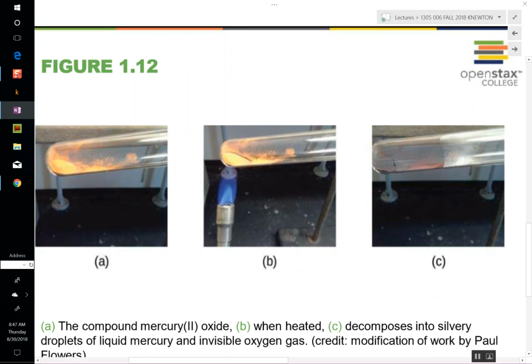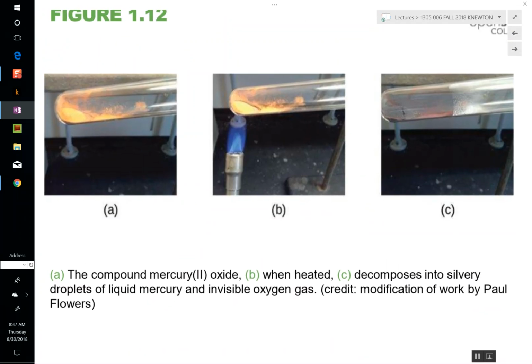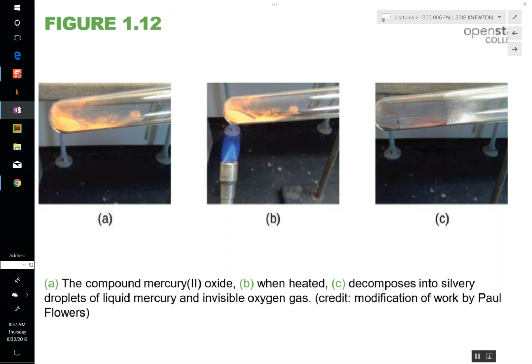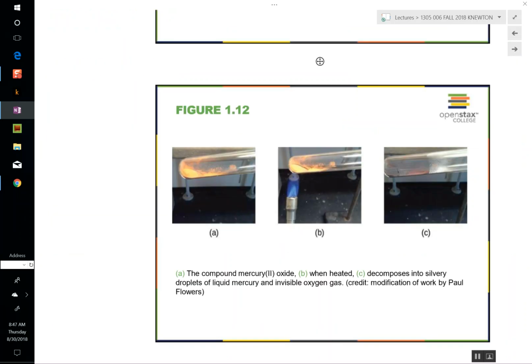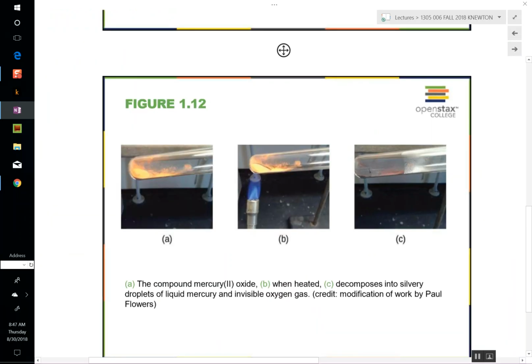Here's another example. See, I don't do every demonstration right in class. Here's one. What would be coming off of here would be mercury vapor. So you'd have to do this in a hood. This is mercuric oxide.